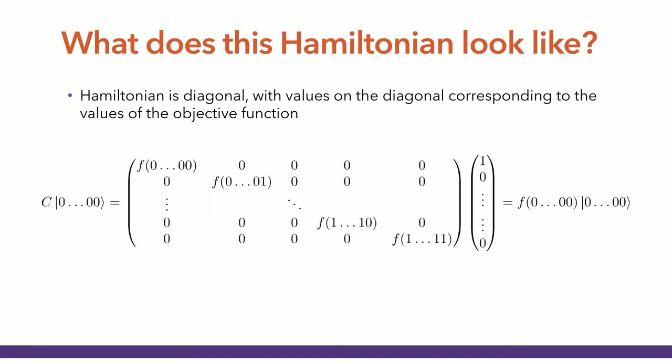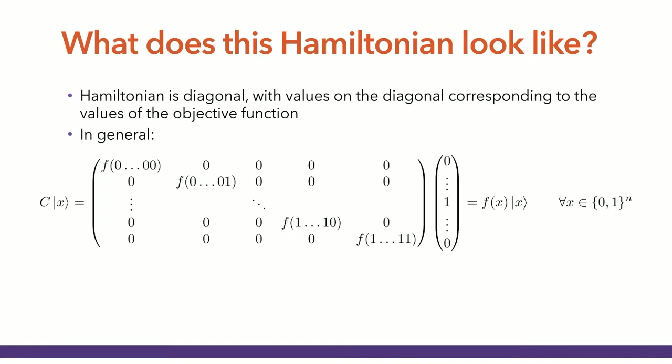It is easy to check that if it acts on, for example, 0, 0, 0, which is represented by a vector which has 1 in the first entry and zeros elsewhere, then the action of this operator on this vector will be exactly f of all zeros.